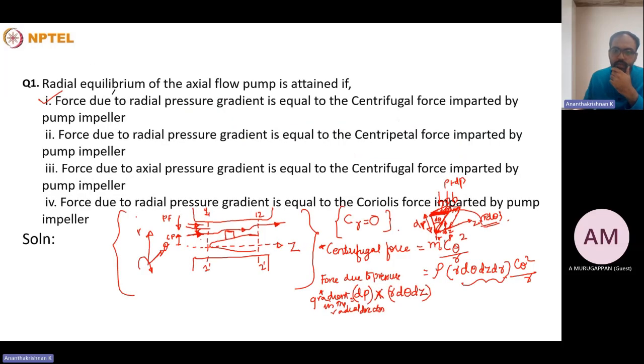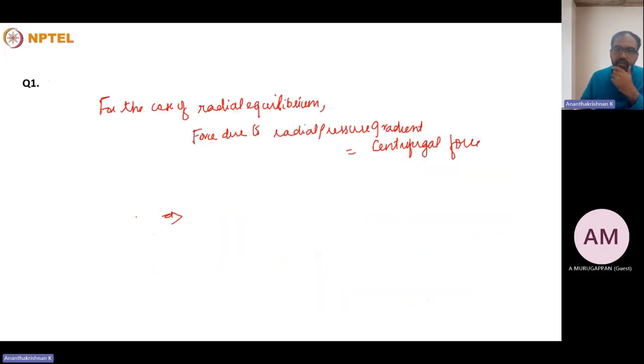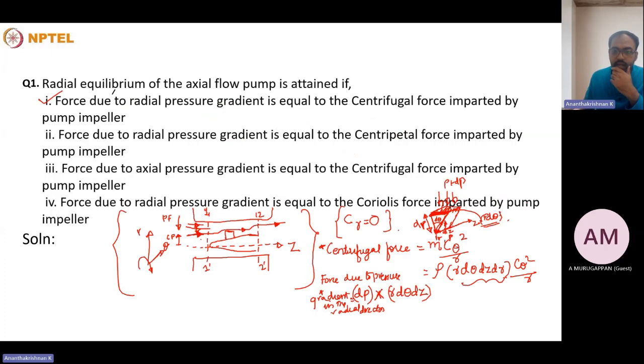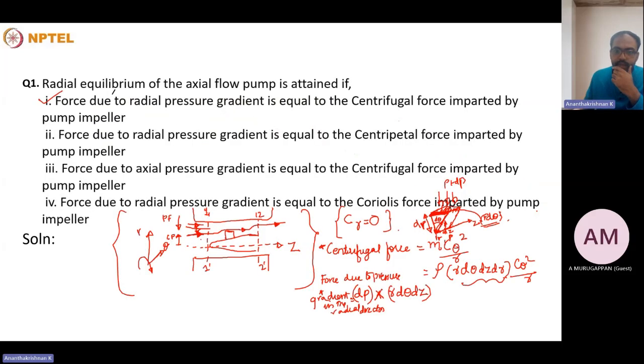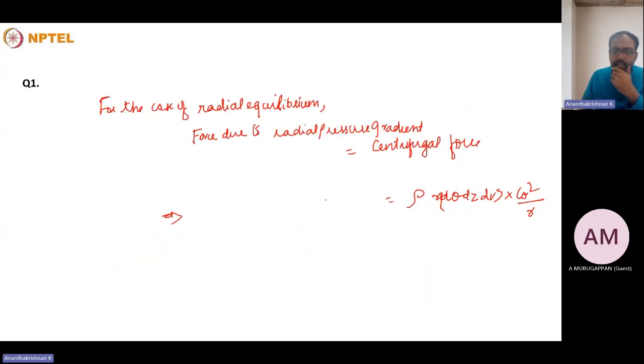Centrifugal force will be rho r d theta dz dr into c theta squared divided by r. Force due to radial pressure gradient will be dP into r d theta dz.